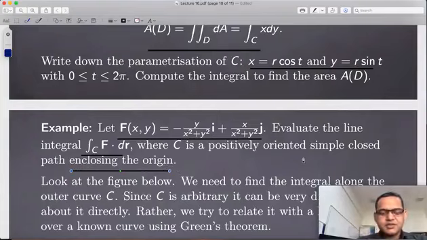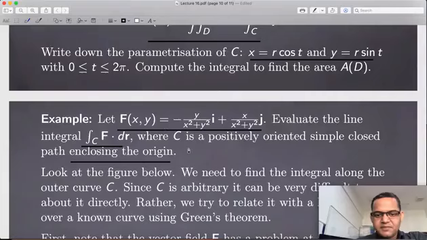Immediately, if you think about it, we know how to compute the line integral. I know the given vector field is there, but there is a problem, because I do not know how to write down the parameterization of the curve. Also, if we just prove Green's theorem, generally this question is asked in the exam.